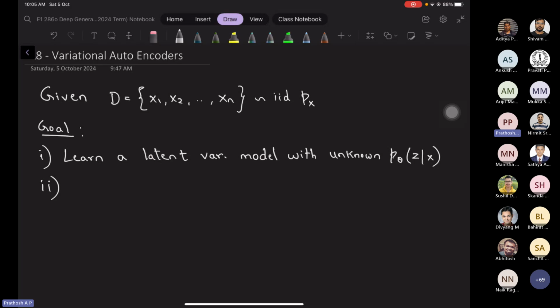The second goal is that you need to enable generation, sampling, post training.